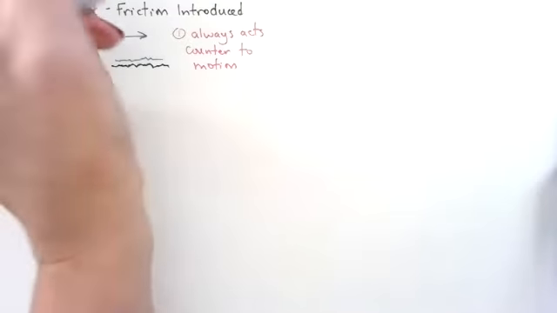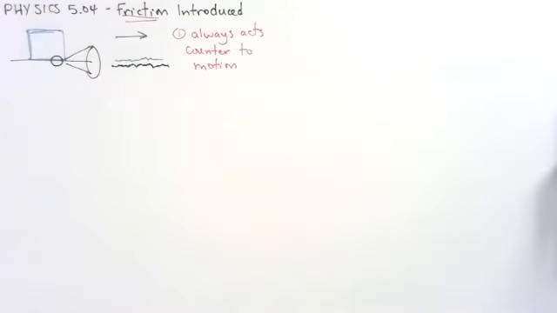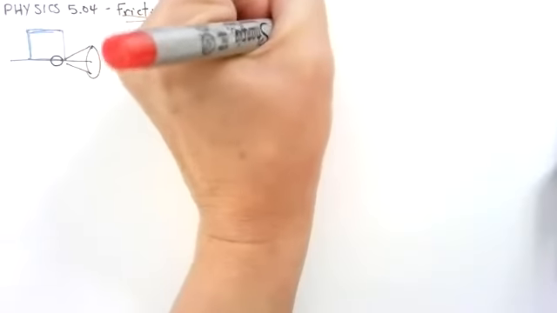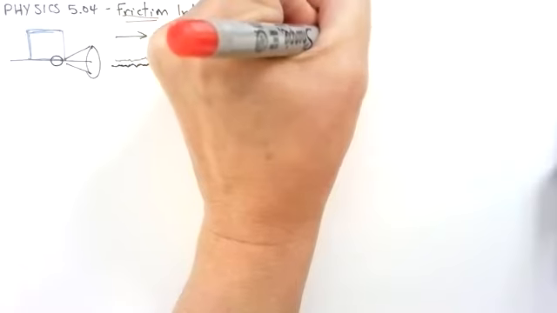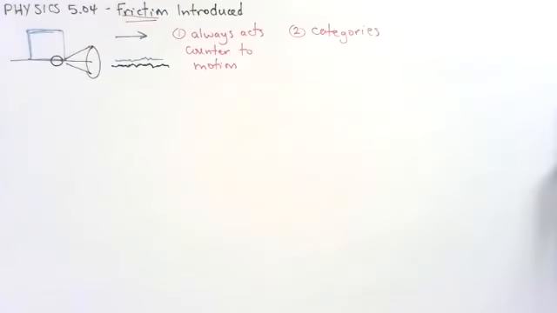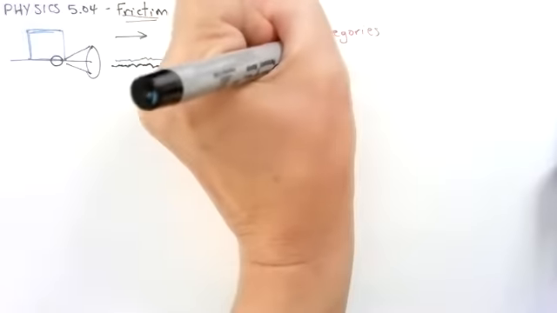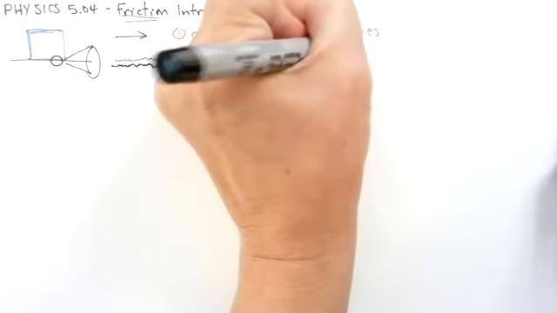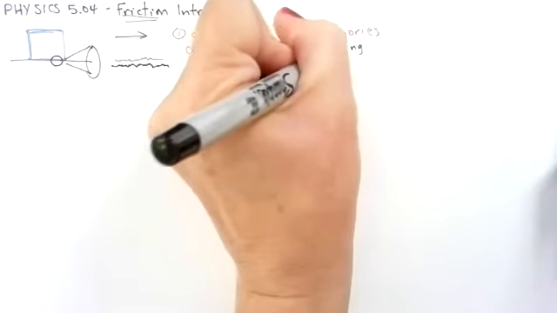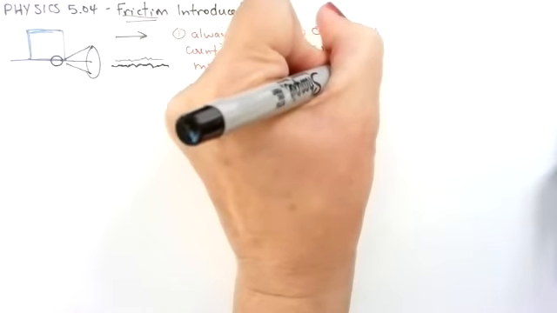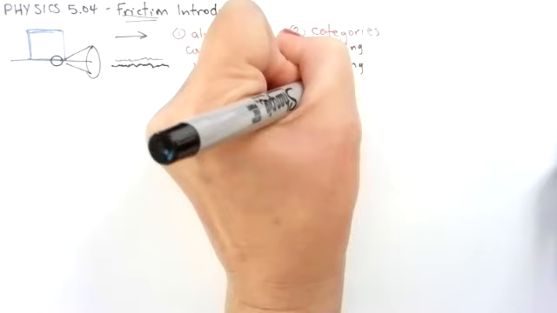These are all points for friction. We have categories of friction. One that we're not going to deal with until later is rolling friction. We have sliding friction, and we have static friction.